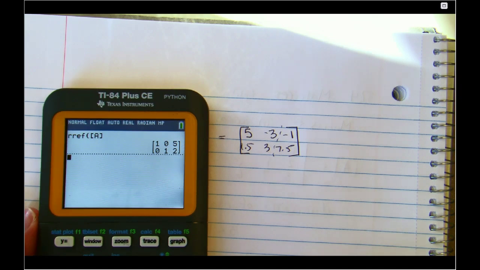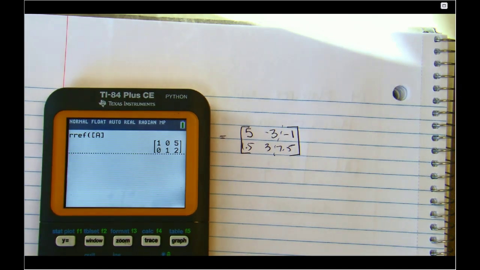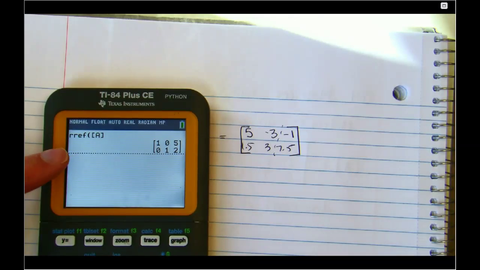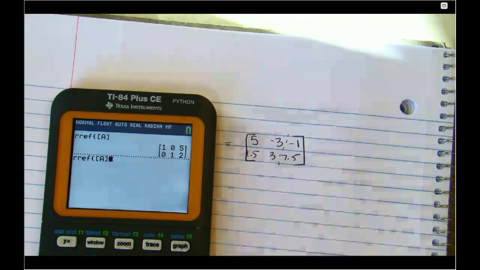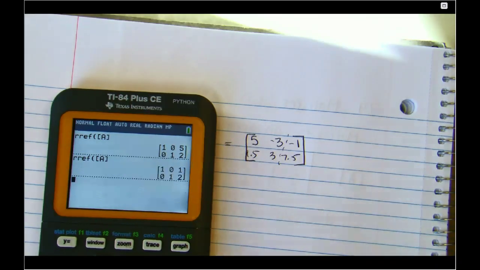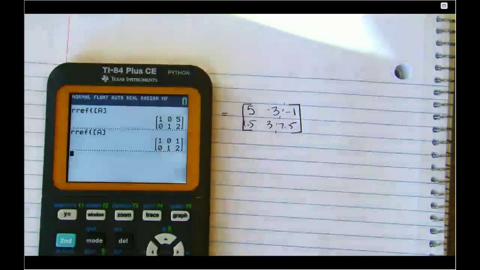Okay, and then don't do anything. Look, what you already have on your screen is RREF of A. So go up and grab it and hit enter. Then you don't have to go back into that matrix menu twice. There's your answer. Do you get what I'm saying? So use what's already on your screen so that you're not retyping. That's going to save you a lot of time.